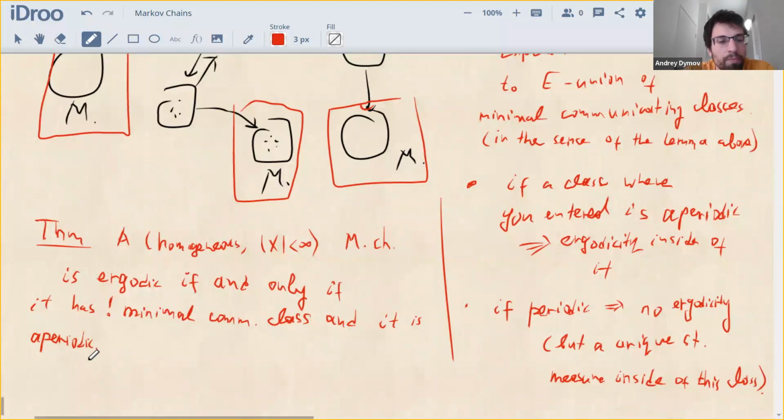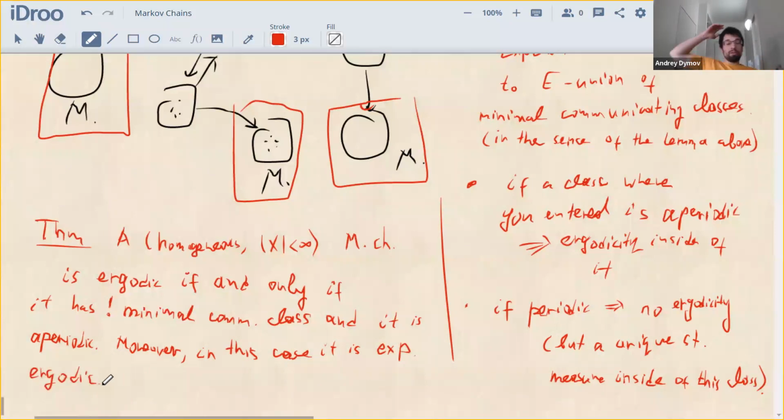And moreover, in this case, it is exponentially ergodic. So, in particular, we have understood that non-exponential ergodicity is not possible for finite Markov chains. Once you are ergodic, you are automatically exponentially ergodic. So polynomial convergence is not possible. It's always fast. It's always exponential.